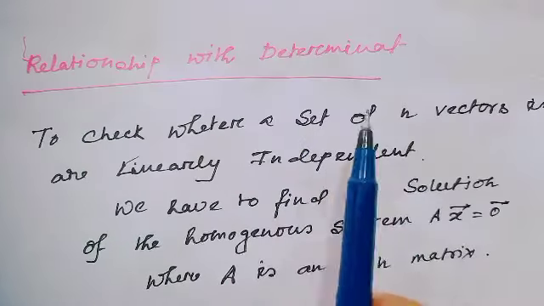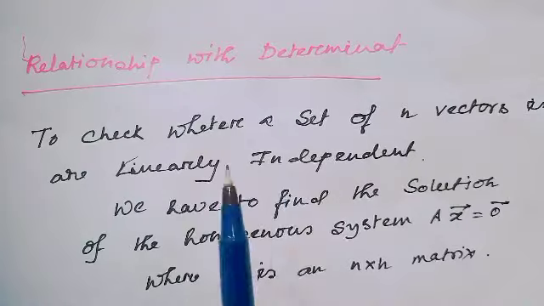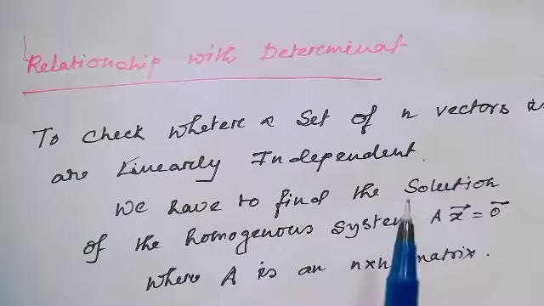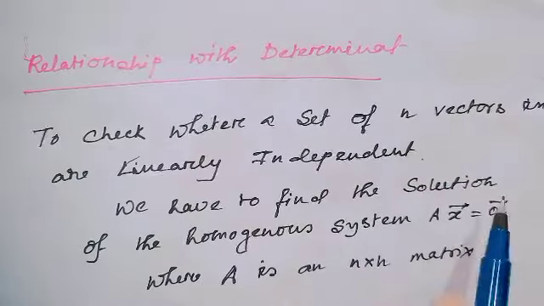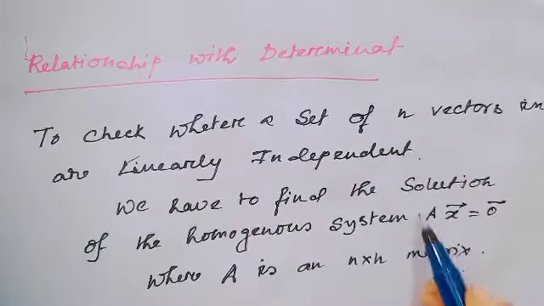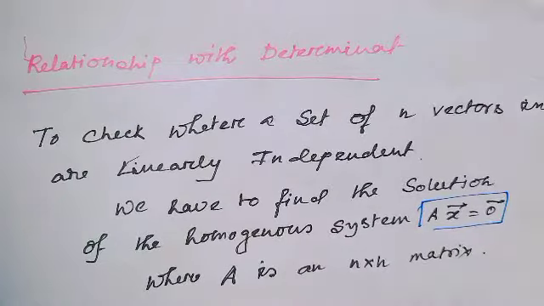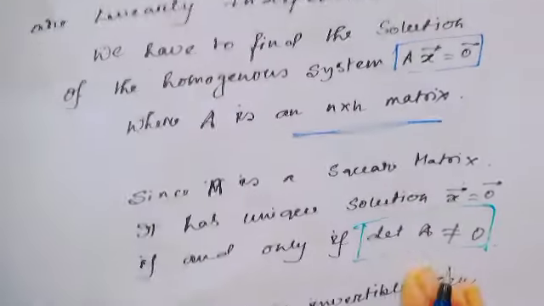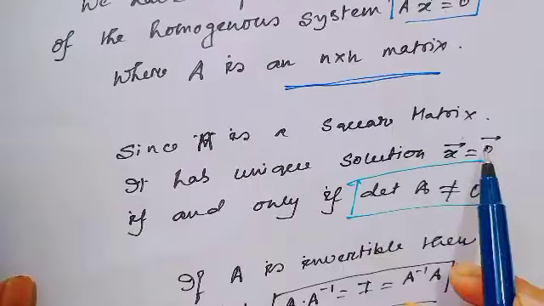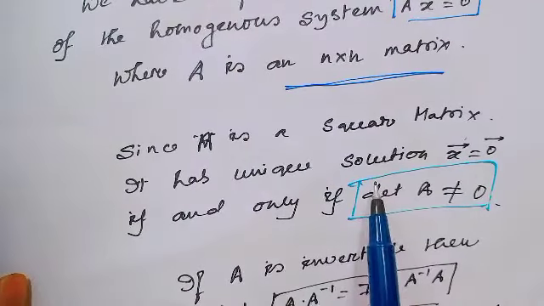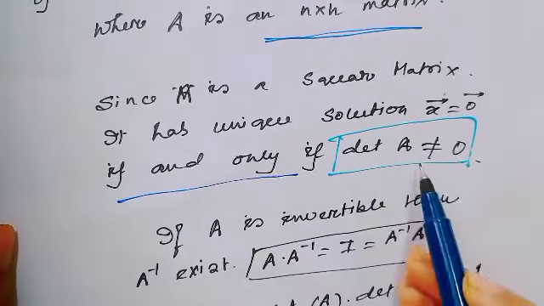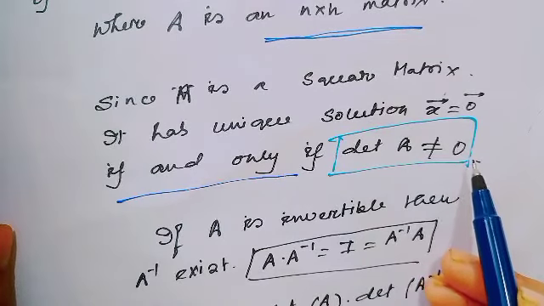The relationship with the determinant is to check whether a set of n vectors in Rn are linearly independent. We have to find the solution of the homogeneous equation where A is an n cross n matrix. Since A is a square matrix, it has a unique solution if and only if determinant of A is not equal to 0.